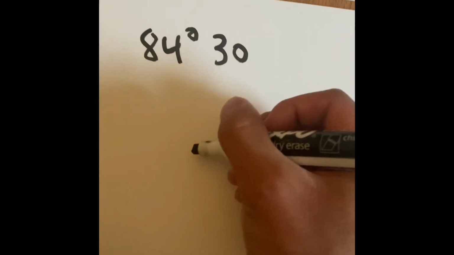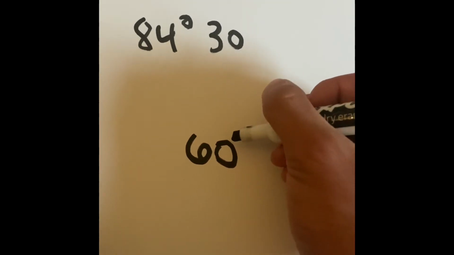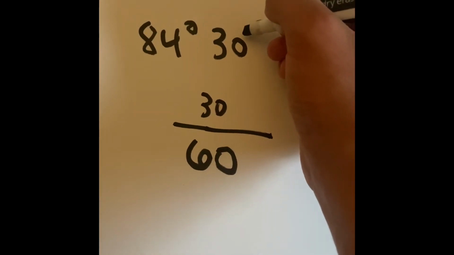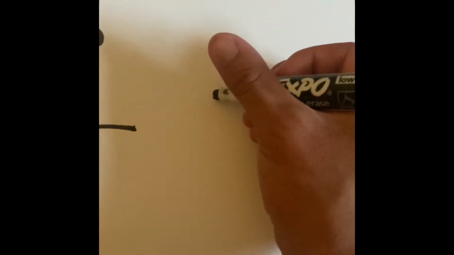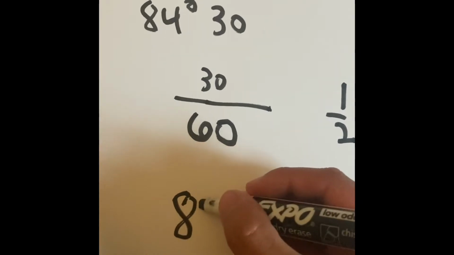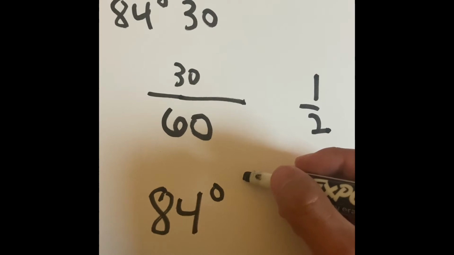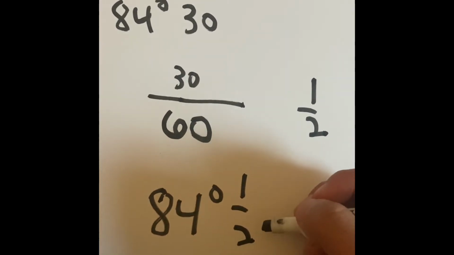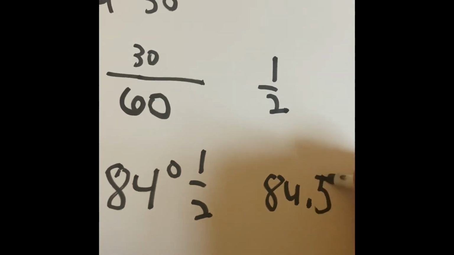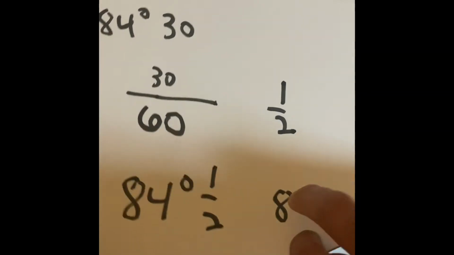If we have 60 minutes in a single hour, and we have 30 minutes for this problem, we can simplify that to a fraction of 1/2. So, when a clock has hands made up of 84 degrees, it will have 84 and 1/2 degrees, or 84.5 if you're looking for a decimal. That's one way.